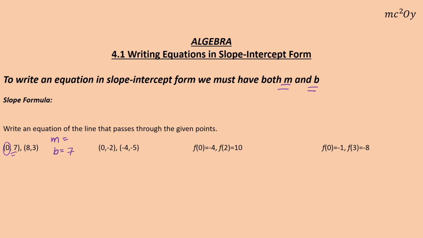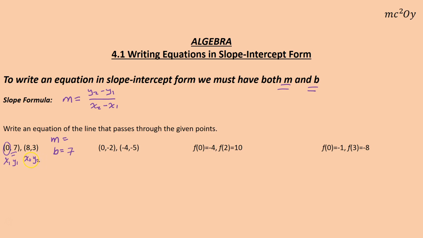Our slope, well, in order to find that, we're going to have to use the slope formula. So remember, our slope formula is y2 minus y1 over x2 minus x1. And really what that means is I label my points x1, y1, x2, y2.